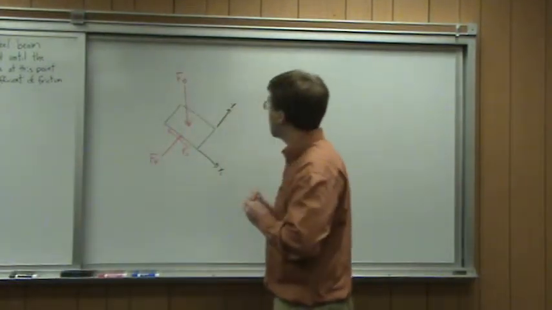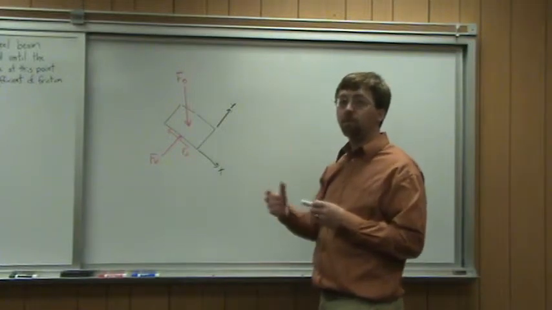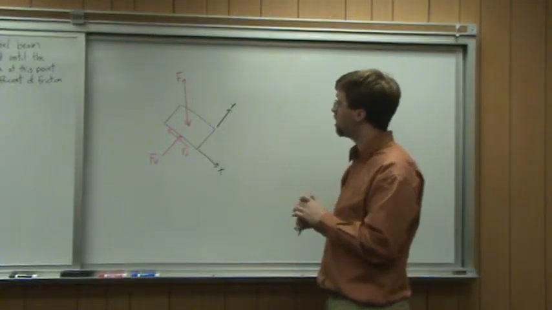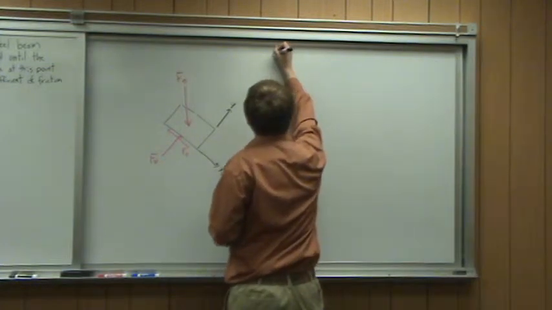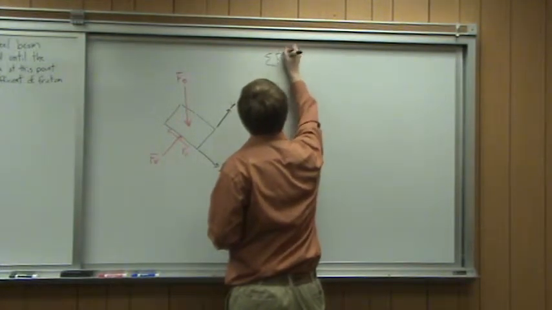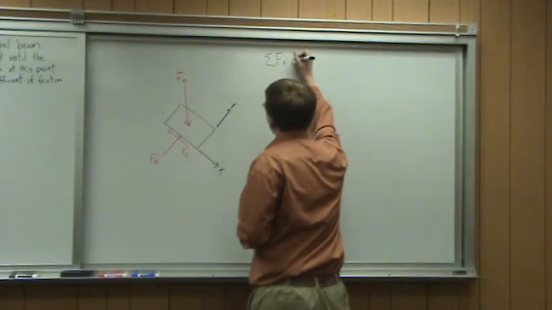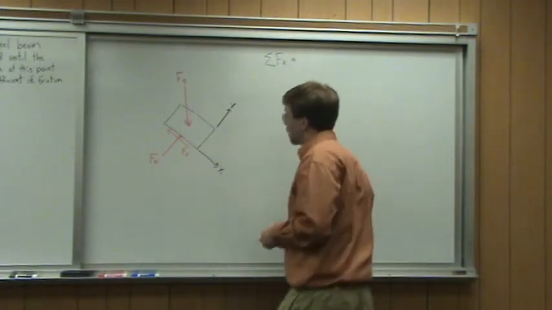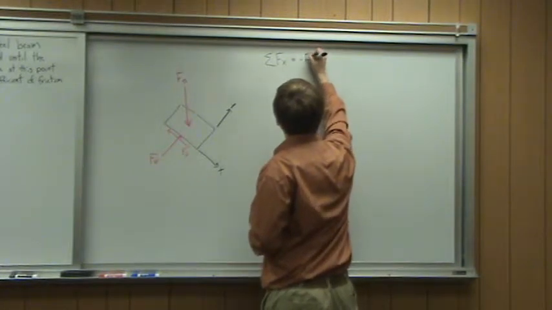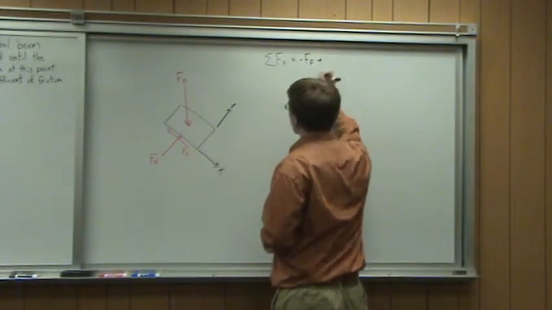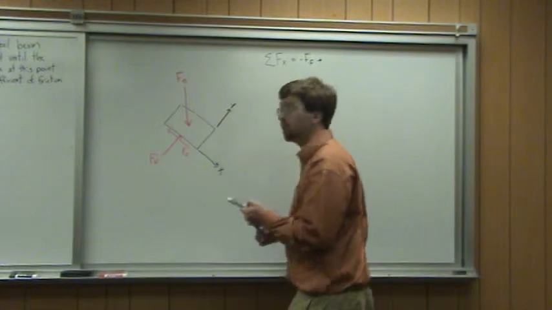So with this, we are looking at the moment before it starts to slide, and we're going to write out our equilibrium equations. For the sum of forces in the x, I'm going to have negative Ff plus, I need to figure out the angle.